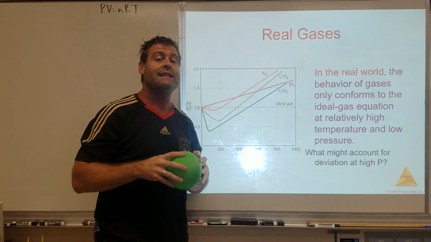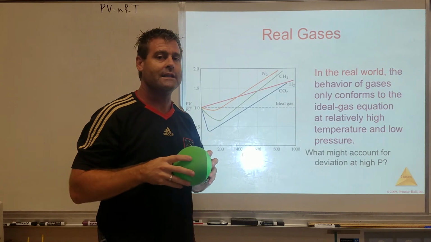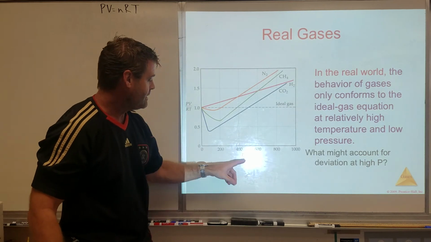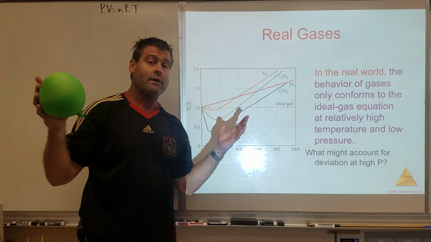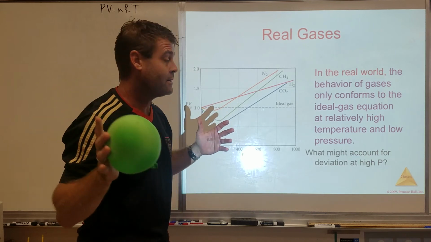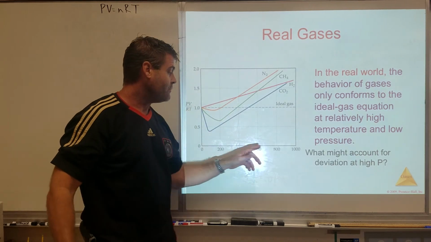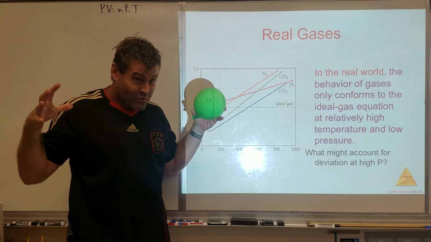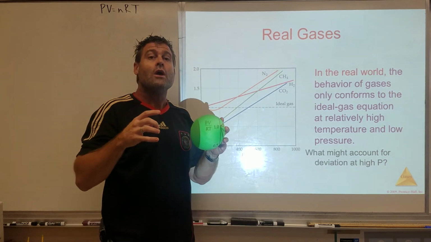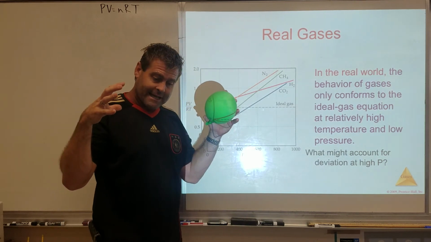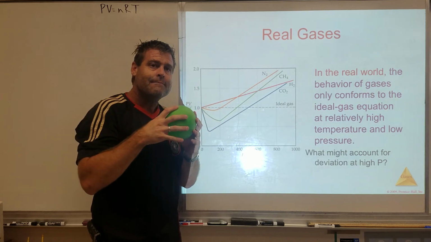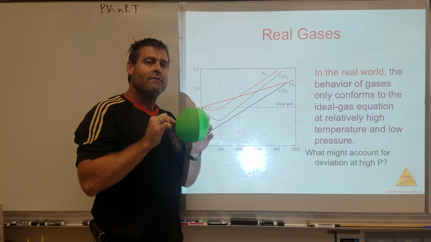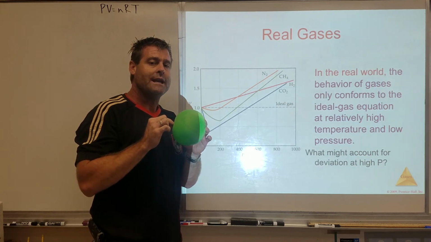Remember, it said that the volume of gas molecules is negligible. Well, think about it. Under extremely high pressures, look at this, at 1,000 ATM. You know the atmospheric pressure right now, under pretty standard conditions, is about 1 ATM. So if we magnified that by 3 factors of 10 to 1,000, the gas molecules are so compressed that, given that space, the volume of the molecules would not be negligible.